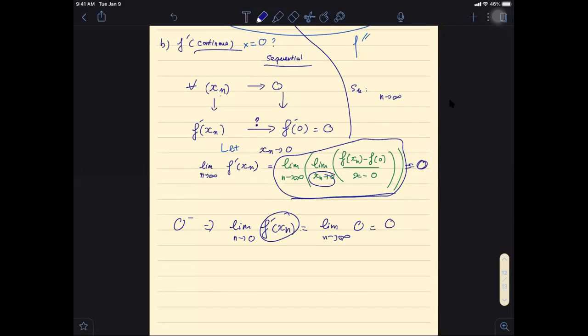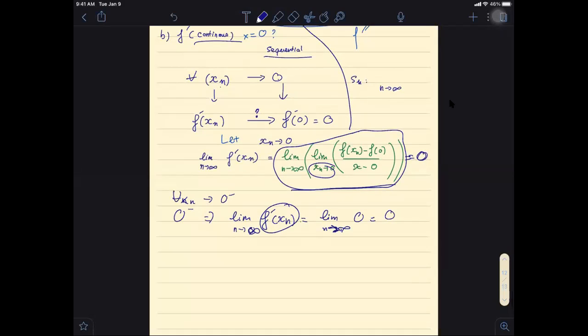So this one is equal to 0, for every sequence x_n approaching 0. How about from the right?